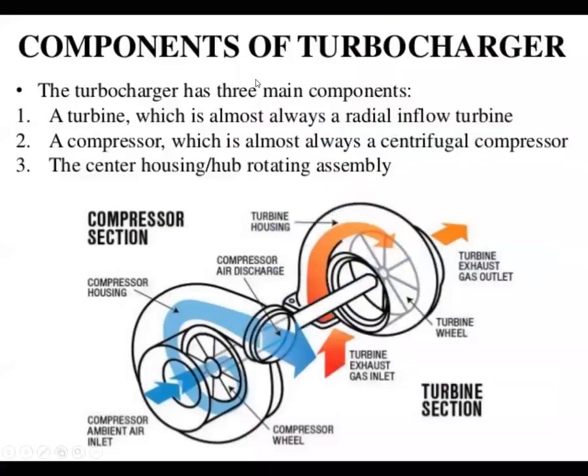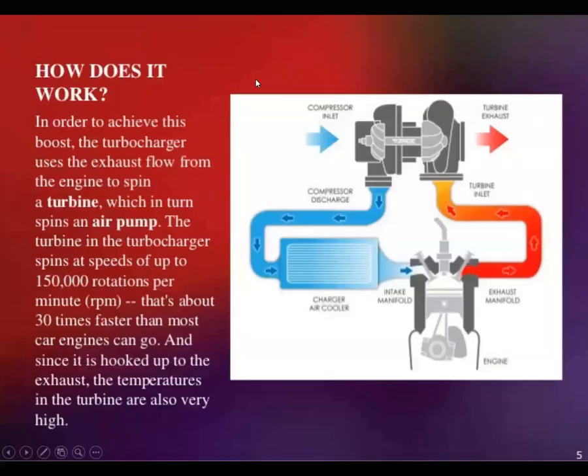Next, this is the diagram which I will use to help you understand our turbocharger. By looking at this diagram, you can easily understand. As I said, this is the engine, and on the engine four cyclic processes take place.